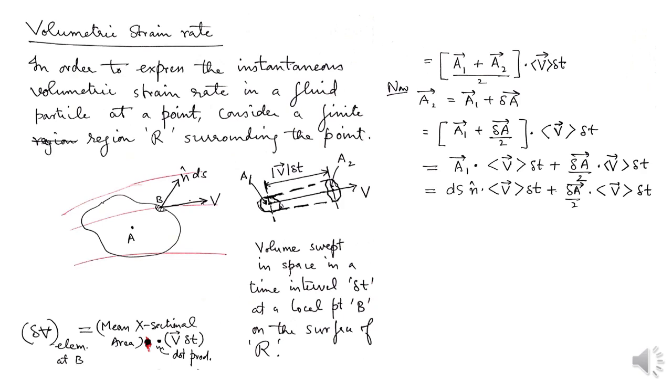So now if I were to write down the volume swept by this small surface area element, which I have written as delta V cross element at B, that should be conceptually straightforward, because you can just use the mean cross-sectional area, treated as a vector of course, and take the dot product.